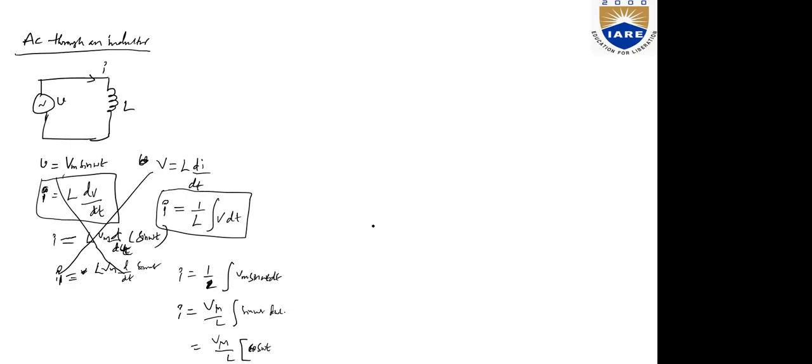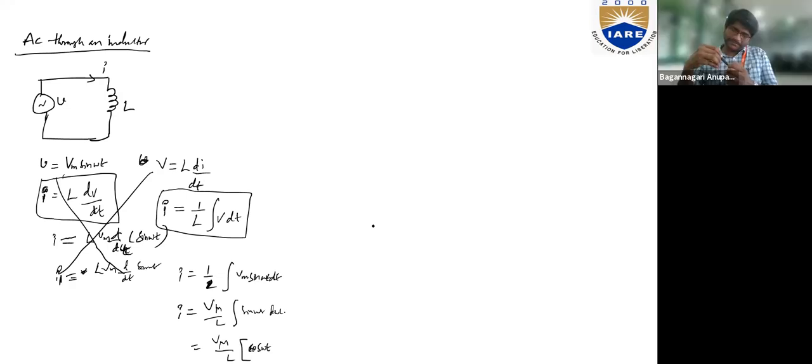Sir, we should take minus, minus cos omega t there, because when we integrate we'll get minus cos. So that minus minus will be cancelled.